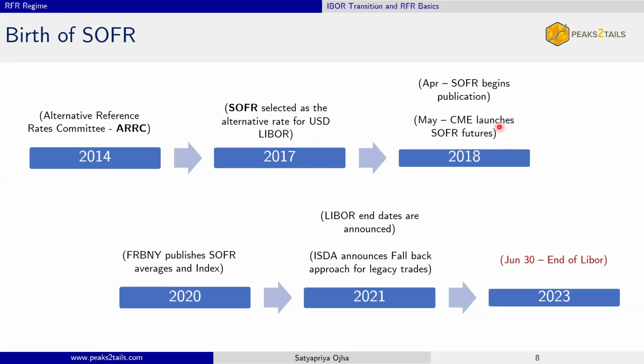It started listing on their exchange in 2018. And obviously, futures are very liquid, right? So this was to provide enough market depth and price discovery for the SOFR rate, right? Once futures start trading, from those futures prices, you can infer the rates and construct your yield curve and do hedging and all these things.